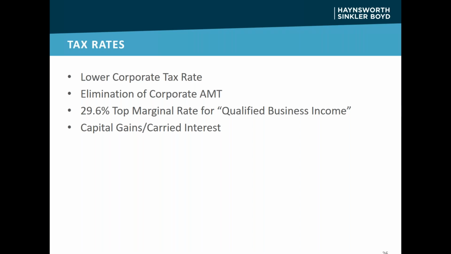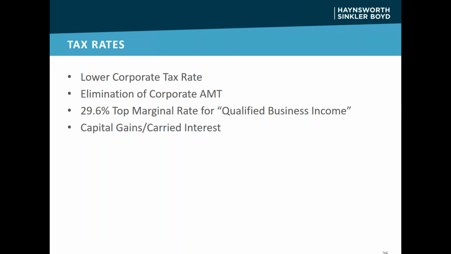Then the capital gains and carried interest. There is now a 3-year holding period requirement for gains from certain partnership interests to qualify for long-term capital gain treatment and therefore qualify for the maximum 20% rate. Usually to qualify for this long-term capital gain treatment, you only have to hold the asset for a year, but now you have to hold these certain partnership assets for 3 years.